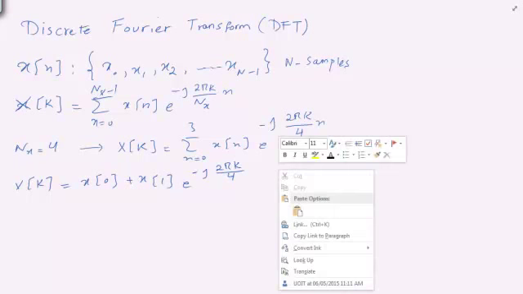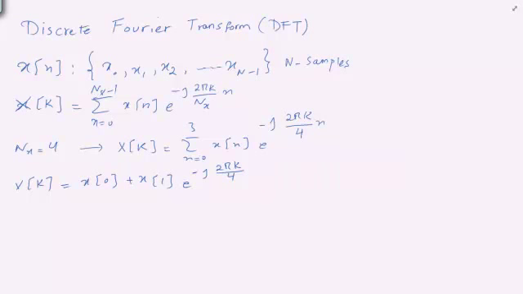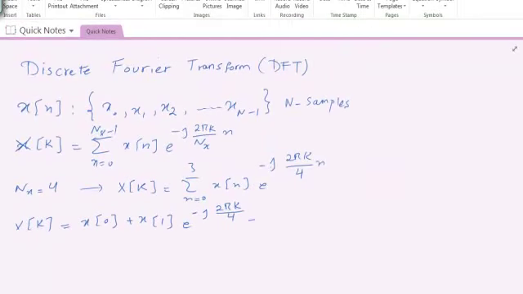n is equal to 1, so I don't have to put anything else here, plus x2 e to the power minus j 2 pi k over 4 times 2, and finally plus x3 e to the minus j 2 pi k over 4 times 3.